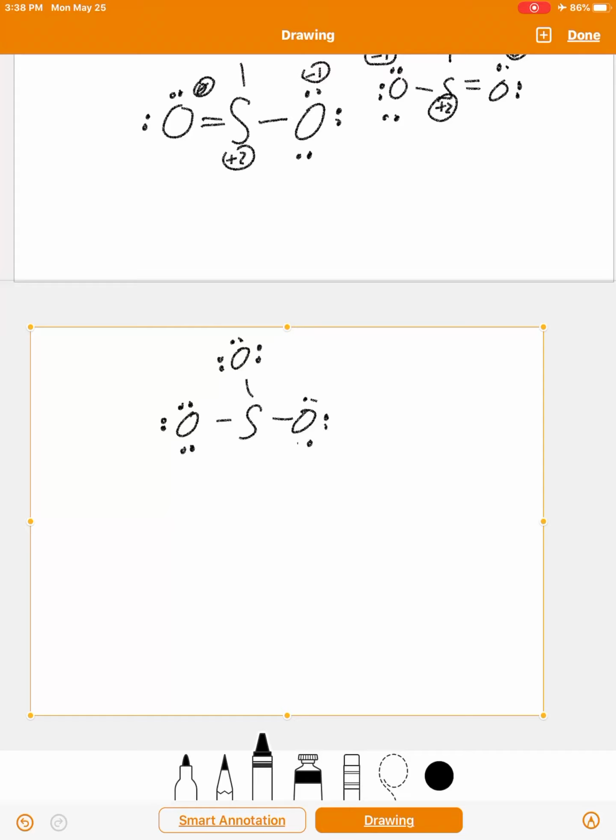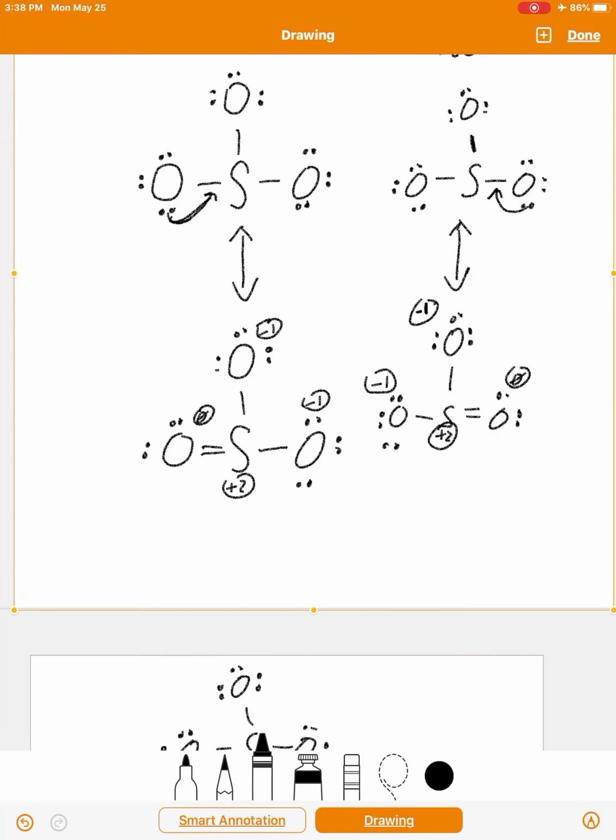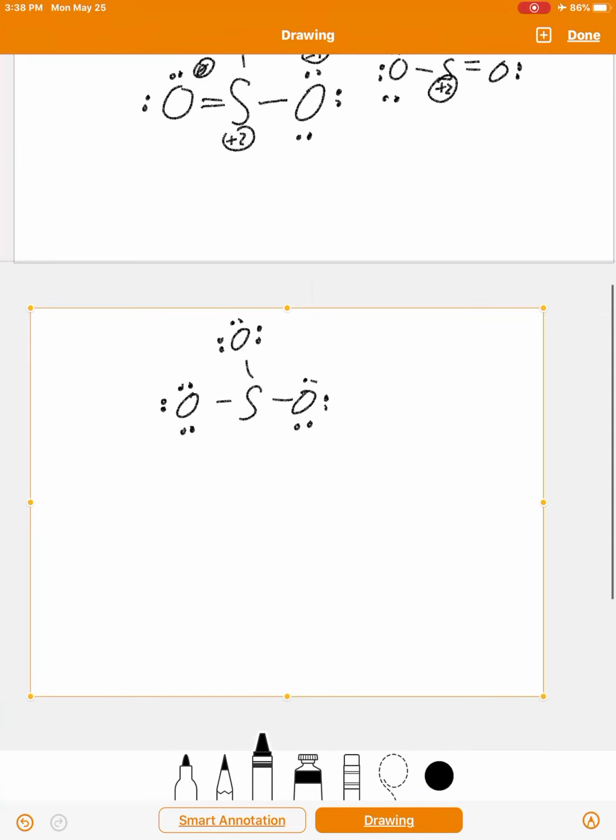You use all the remaining electrons so that the surrounding atoms are all up to 8. Each oxygen has 8. That will very often leave the central atom with a deficient number, not quite 8. But now, instead of pushing this pair here or this pair here, we could push a pair from this oxygen and get the double bond over here.